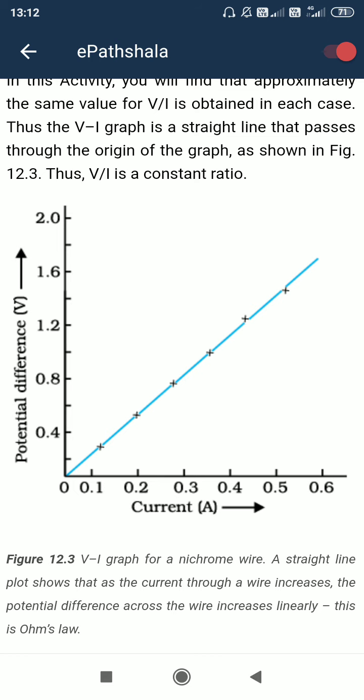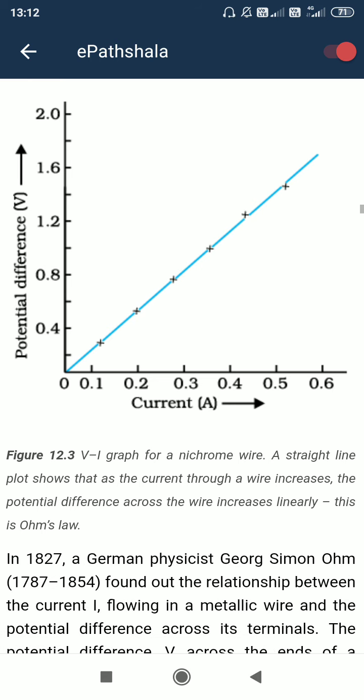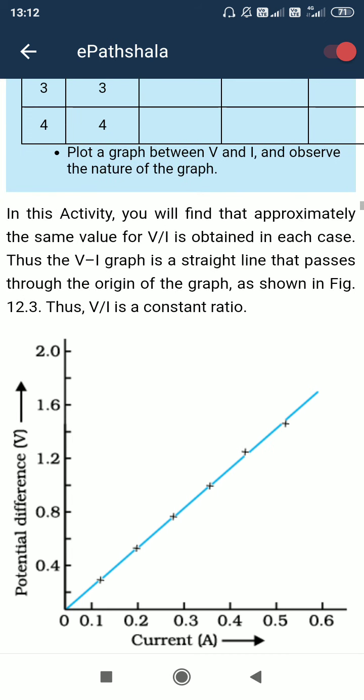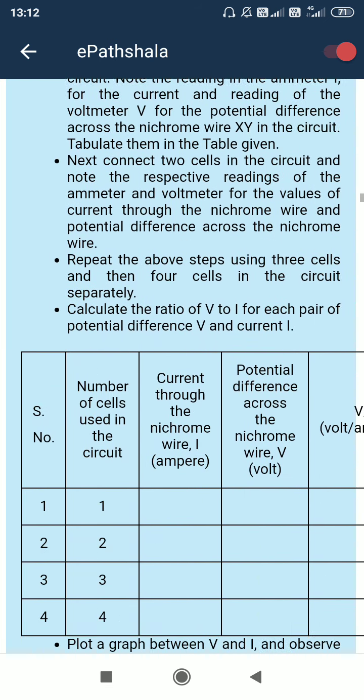According to Ohm's law, potential difference is directly proportional to the electric current, and by putting in the proportionality constant we get V equals IR.